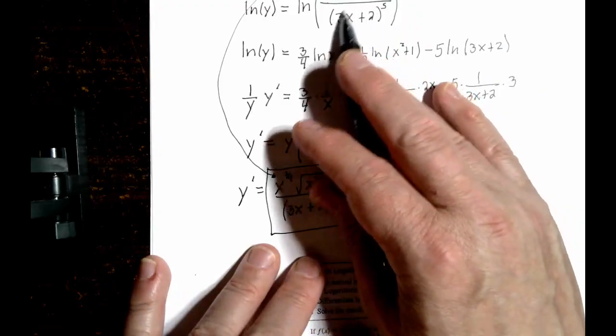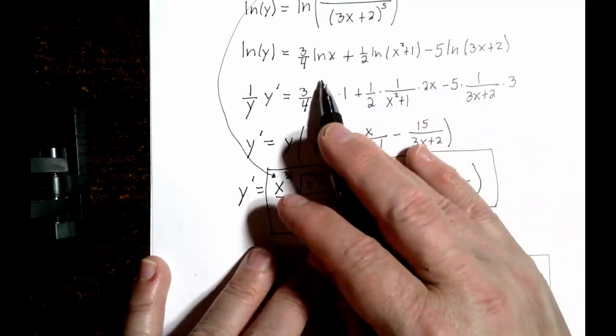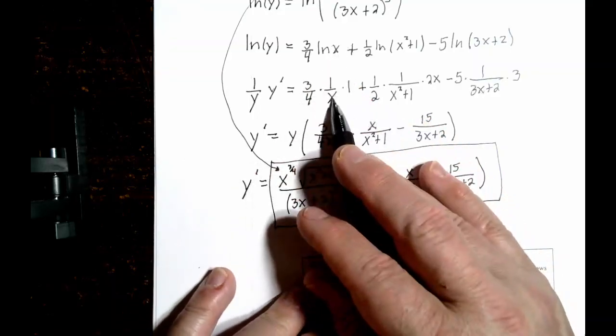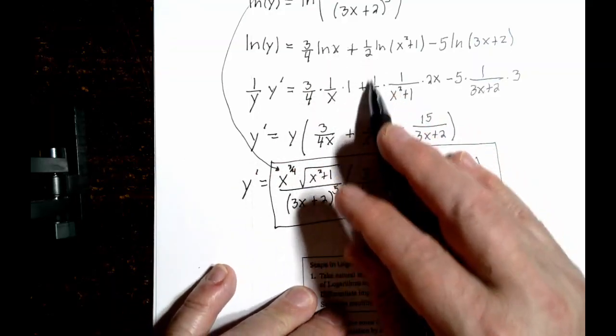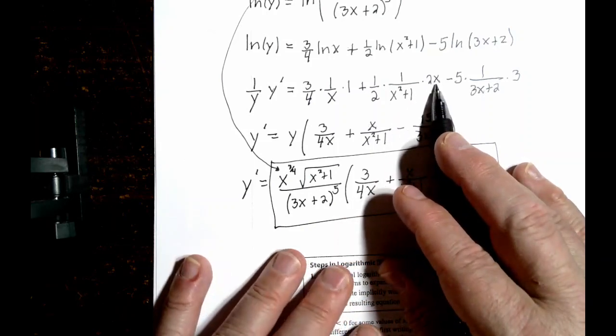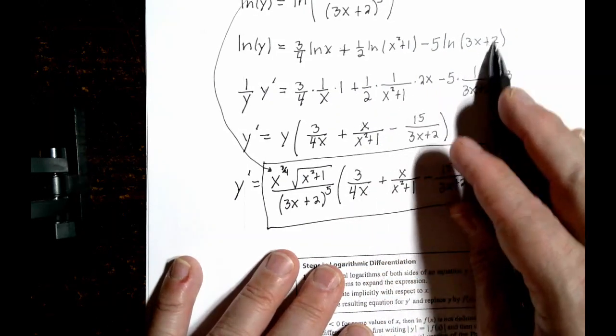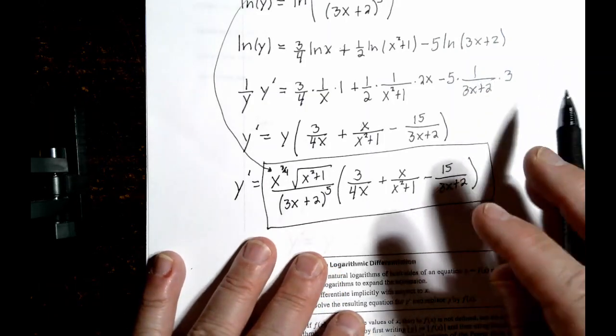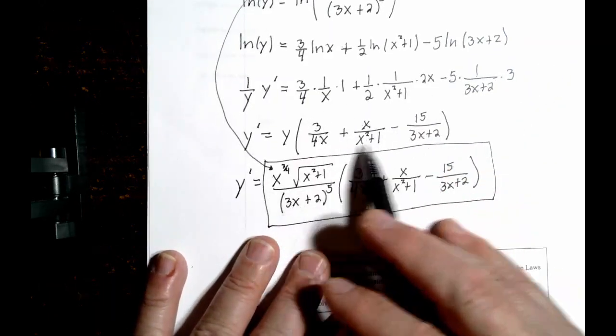And for here, the 5 is going to come out front. And so now when you take the derivative of each one of these guys, you get 3/4 times 1 over x times 1. You get 1/2 times 1 over x squared plus 1 times the derivative of that, which is 2x. Minus 5 times 1 over 3x plus 2 times the derivative of 3x plus 2, which is 3. And you can simplify all that down.